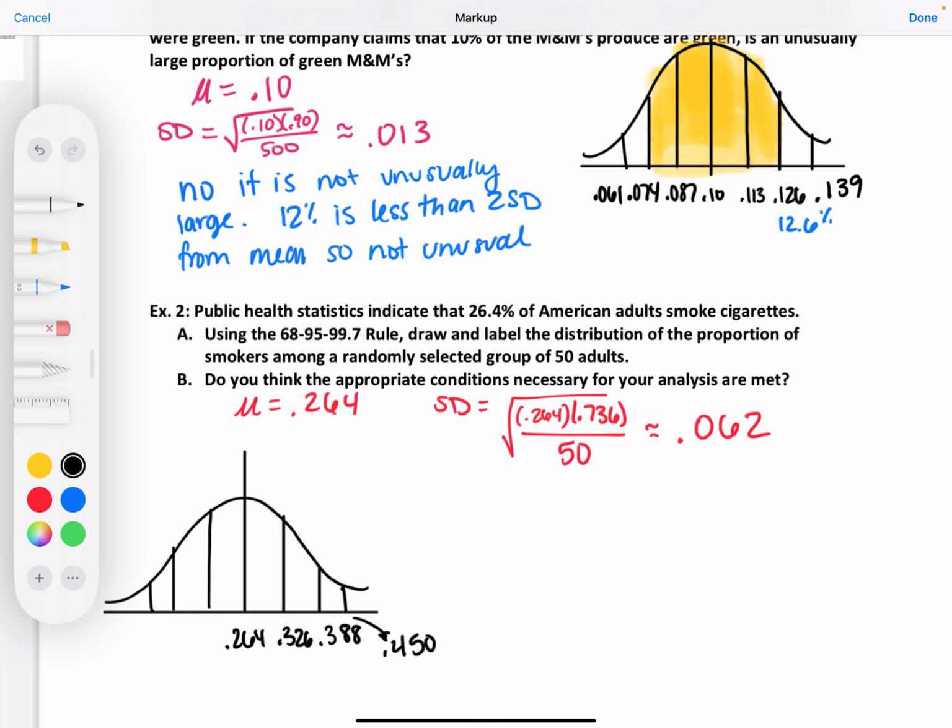Then subtract: 0.202, 0.140, and 0.078. So then we just label the 68, 95, and 99.7.